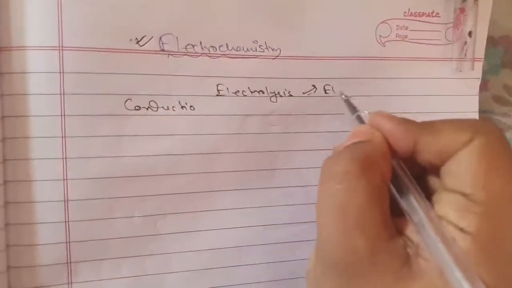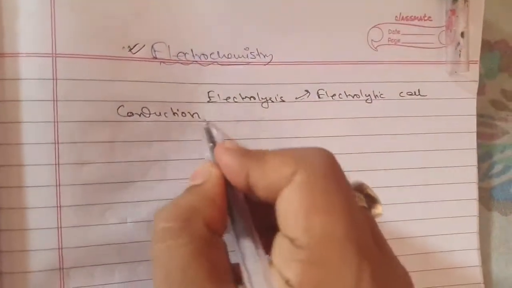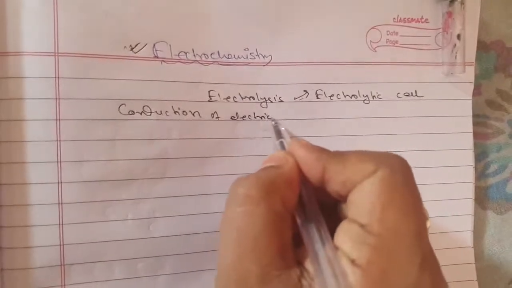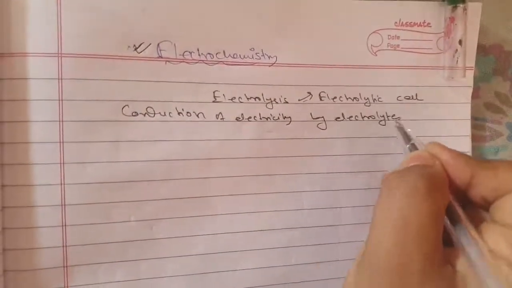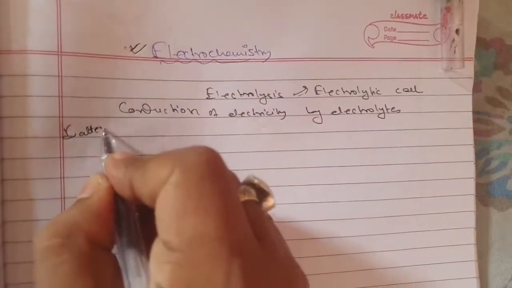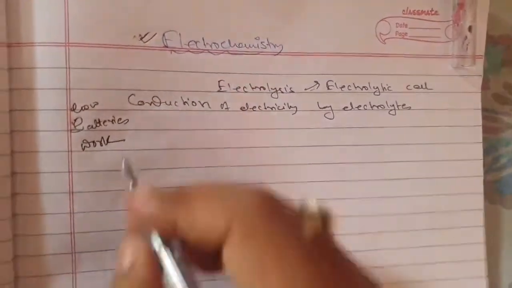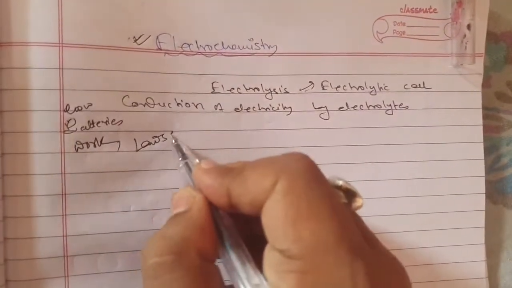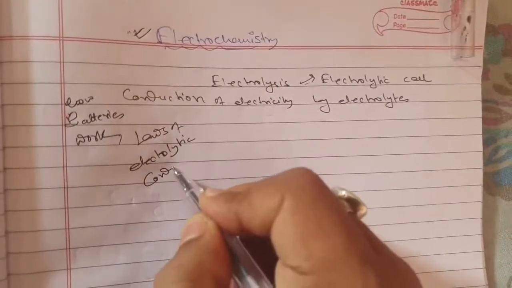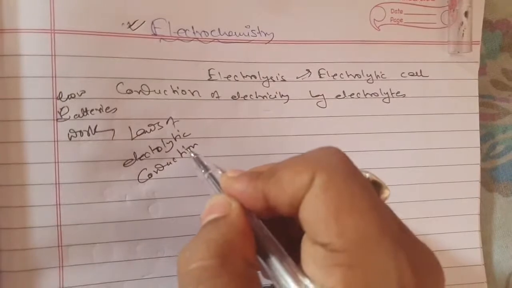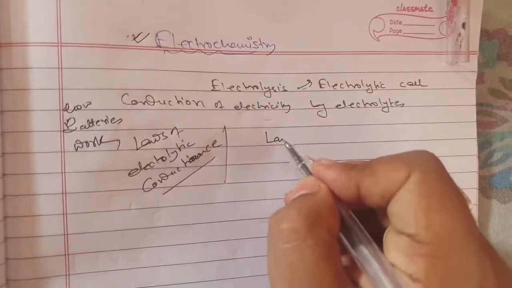Electrolysis is done by an electrolytic cell, and conduction of electricity by electrolytes, batteries, how batteries work, laws of electrolytic conductance or conduction, and laws of electrolysis.